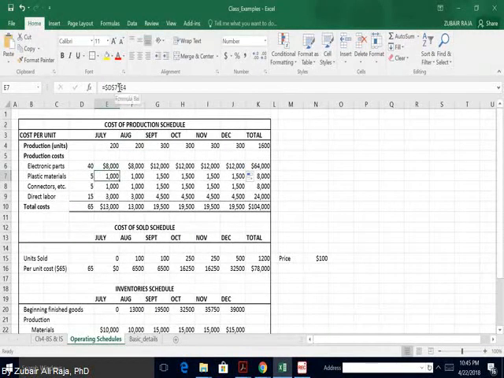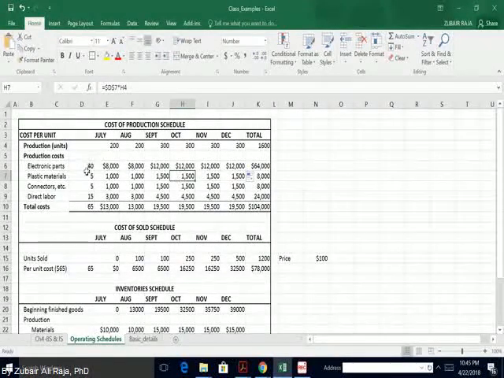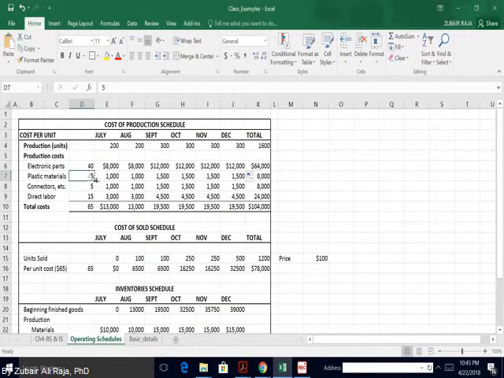You can see that, so once I start dragging it, automatically this cell starts getting updated in these cells. But once the production unit is multiplied with the plastic material, it remains constant throughout these 6 months.